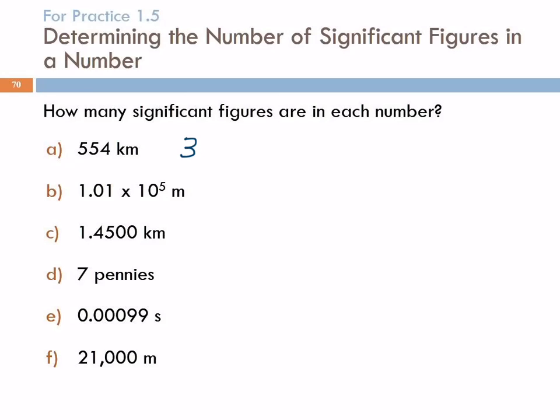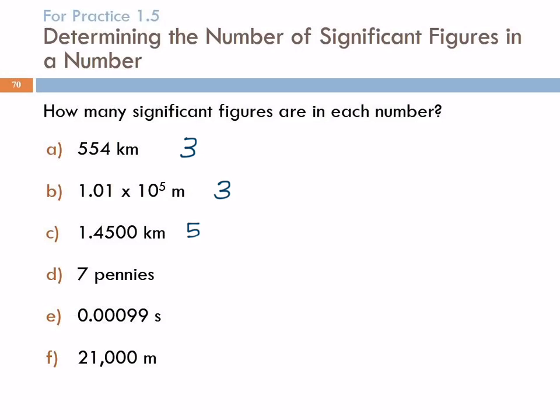They're not objects. 1.01 times 10 to the 5th meters. 3. In scientific notation, all of the digits in this coefficient part are going to be significant. That's an interior 0, so we're going to count it. 1.4500 kilometers. 5. We have trailing zeros, but there's a written decimal point, so they count.